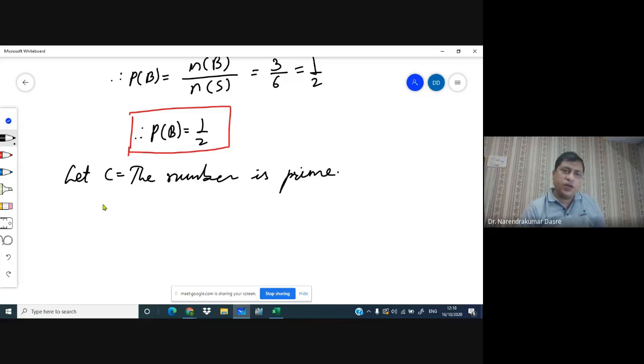Can you tell me what the prime numbers in the sample space are? You have the sample space, then you have to get the prime numbers. So what are the prime numbers we have?